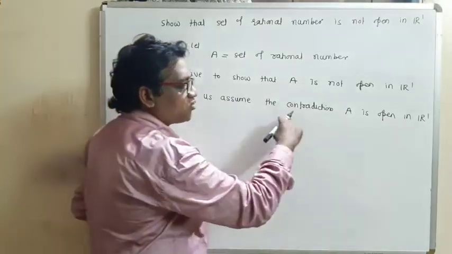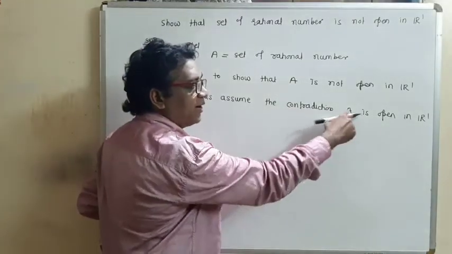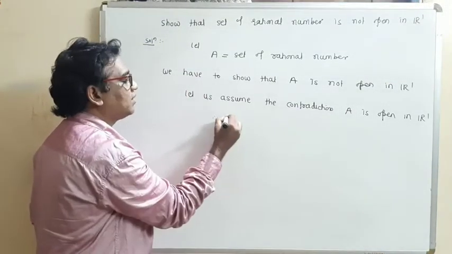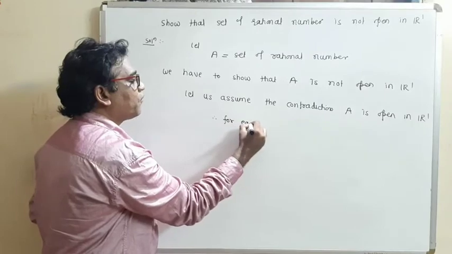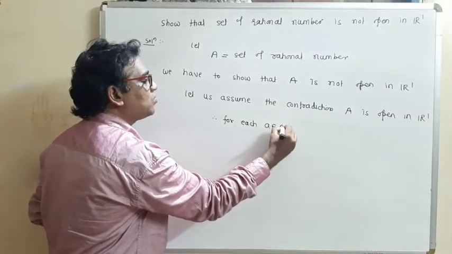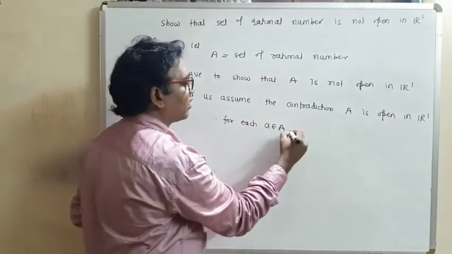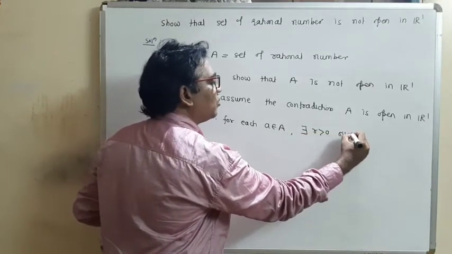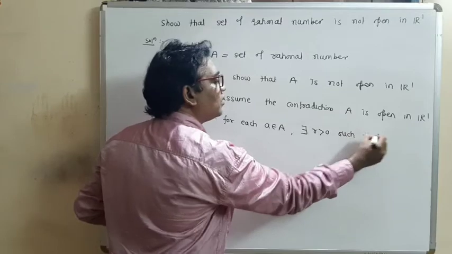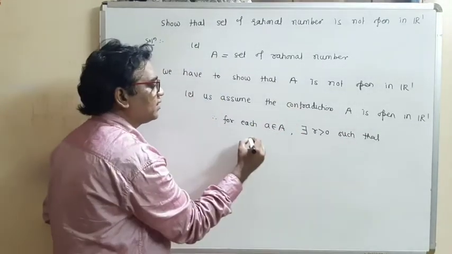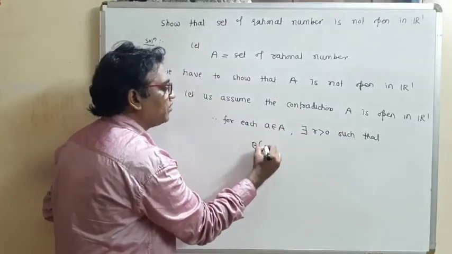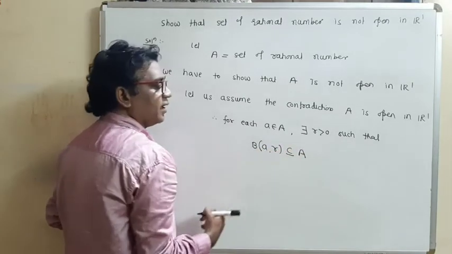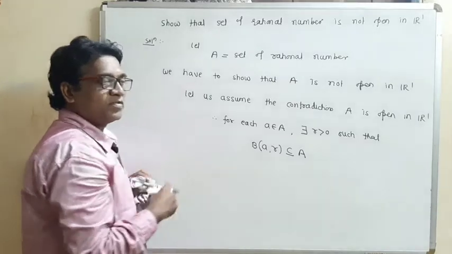Now use the definition of open set. What is given? A is open. What is the definition of open set? For each a belongs to capital A, there exists a radius r greater than 0 such that the open sphere B with center at a and radius r is contained in A. Then this A is called an open set.